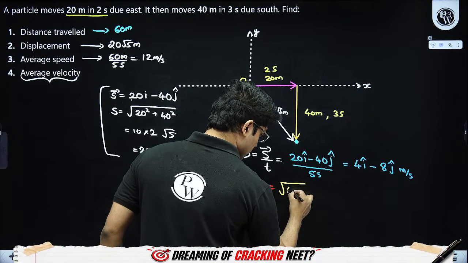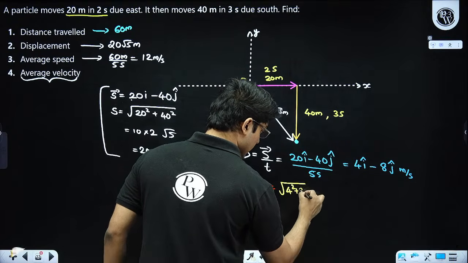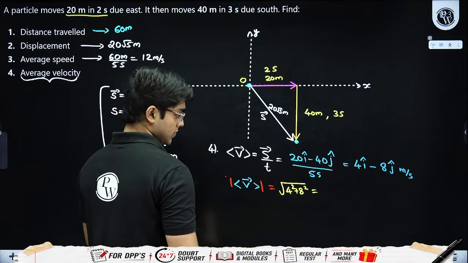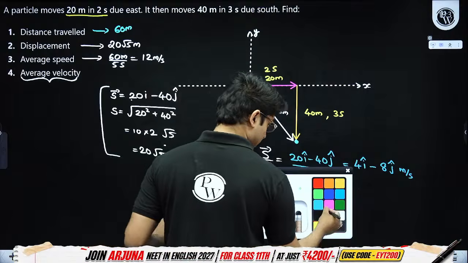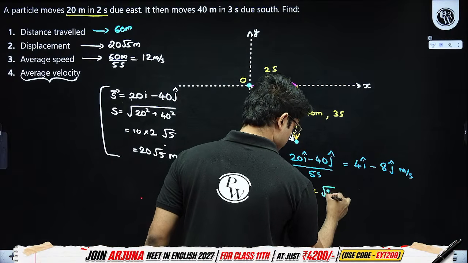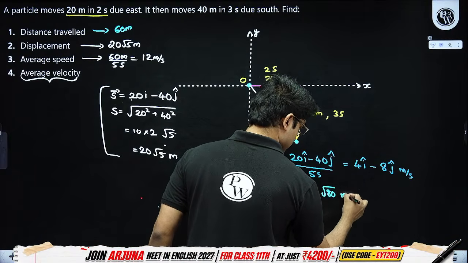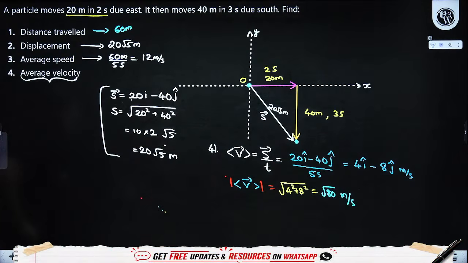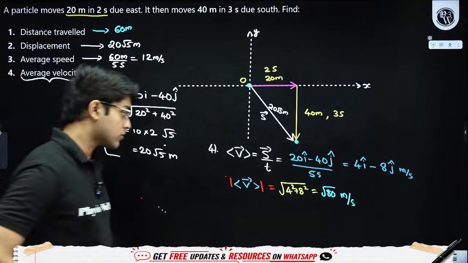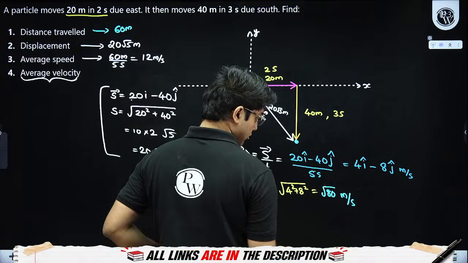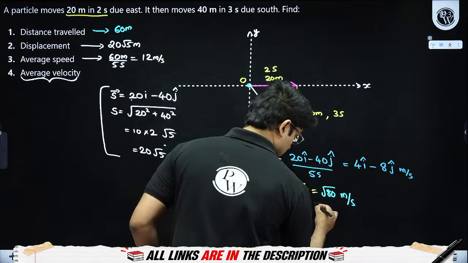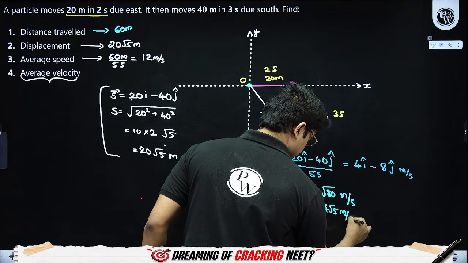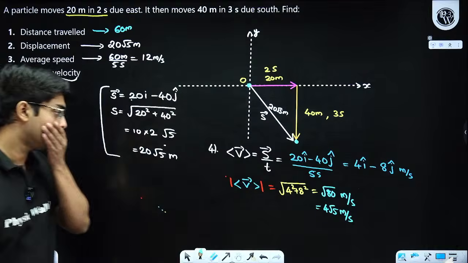Root of 4 square plus 8 square, right? That is root 80. This is the magnitude. You can also write this as 16 into 5, so 4 root 5 meters per second.